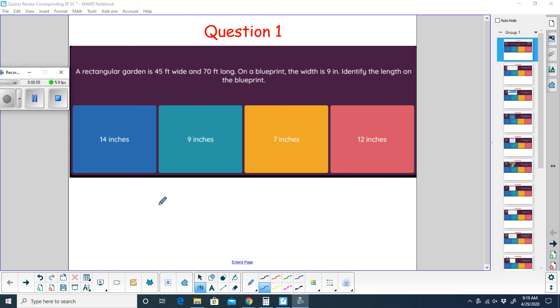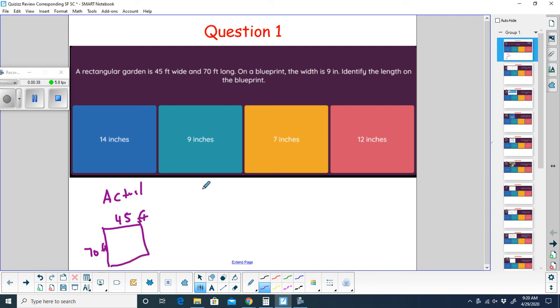Question 1 here. A rectangular garden is 45 feet wide and 70 feet long. On a blueprint, the width is 9 inches. Identify the length on the blueprint. So we have the actual is 45 feet wide and it is 70 feet long.